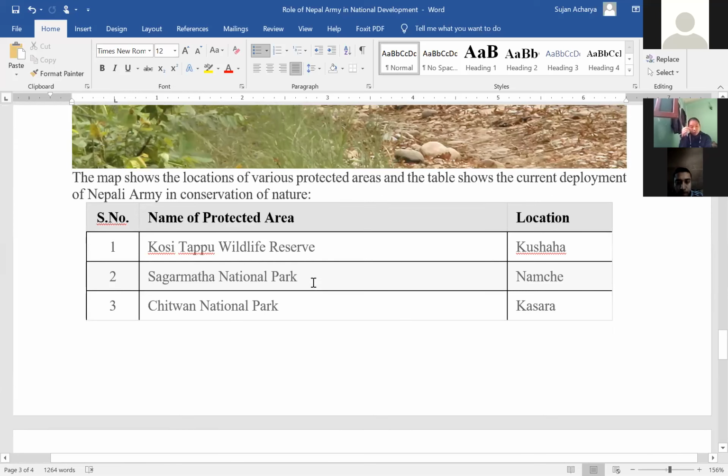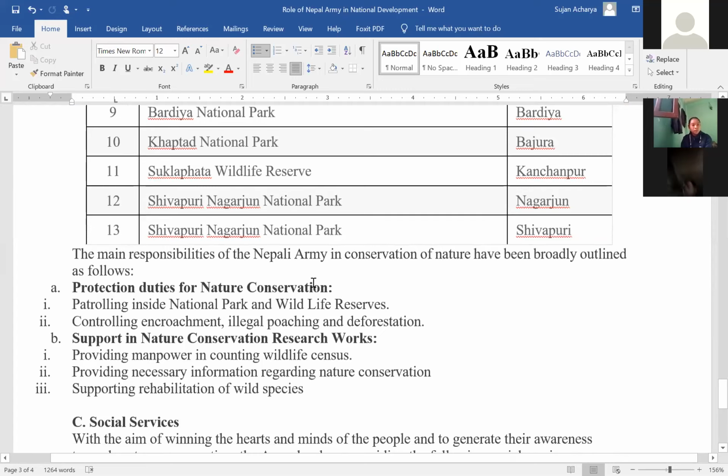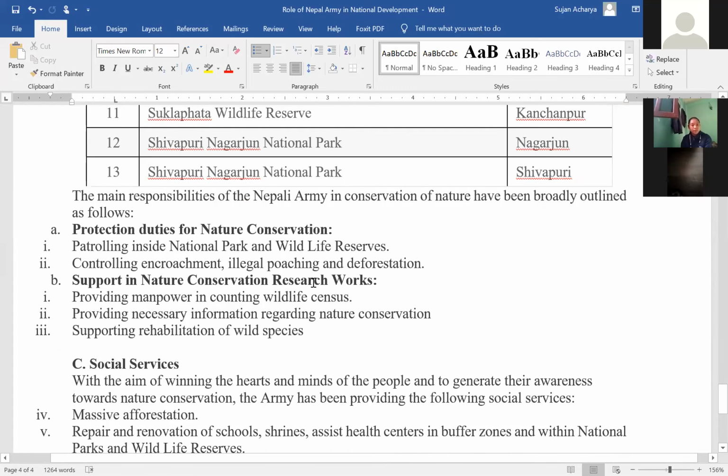Now, protected areas under the Nepalese Army is also here, and protection of nature reservation, support for nature conservation research. And there are different topics.